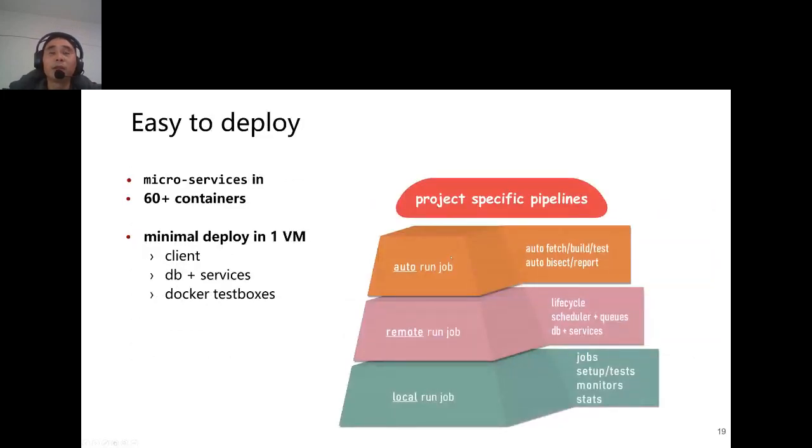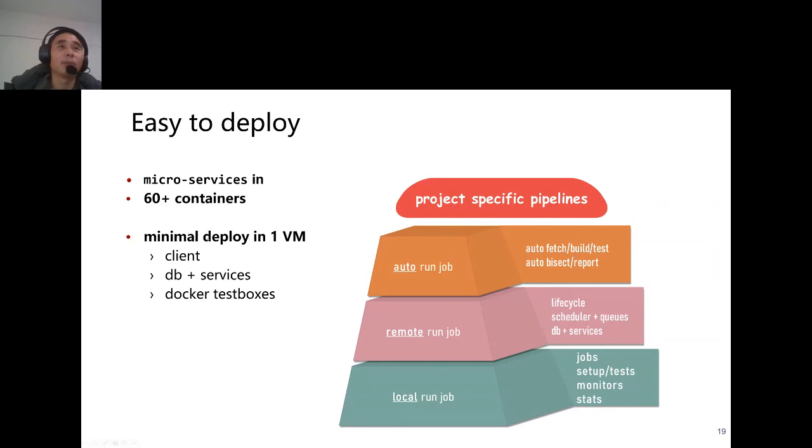And to make it easy for others, third parties, to run our framework, we make it very easy to deploy. Basically, it's a set of microservices that run in more than 60 containers. If you bring up these containers, the server side is basically up.